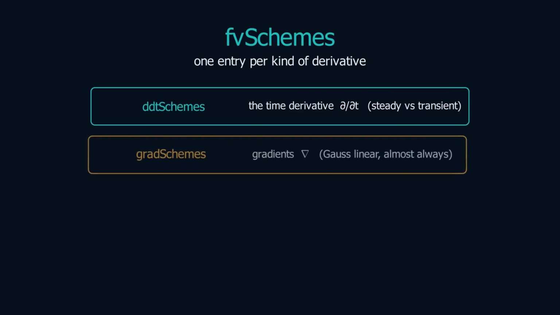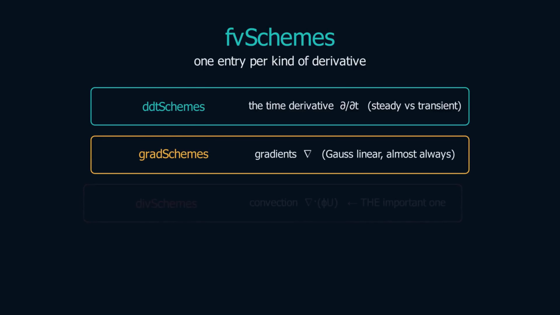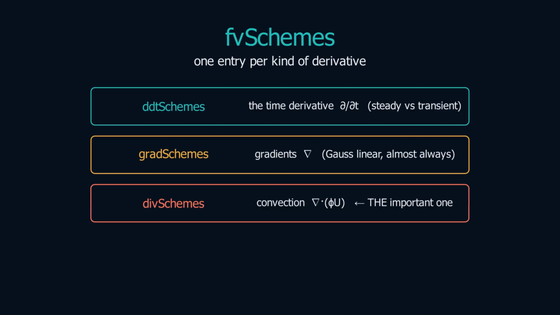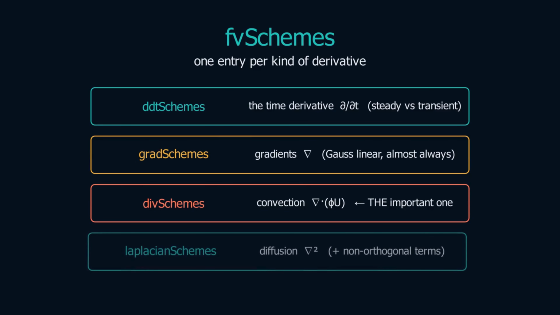Gauss linear is the sensible default you'll use almost everywhere. divSchemes handles convection, the transport of momentum by the flow. This is the single most consequential choice in the file, so we'll give it its own moment. And laplacian schemes handles diffusion, the smoothing, viscous term. It also carries the correction for non-orthogonal meshes.